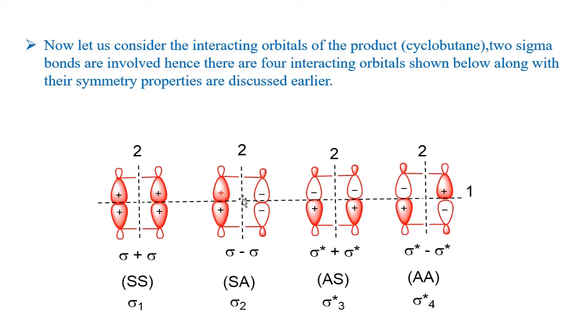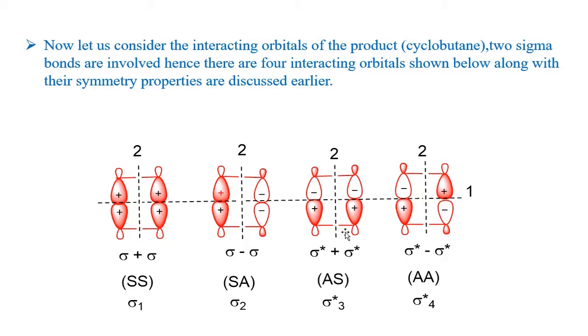And if you place a vertical plane here, you can see this half is not the mirror image of this half, it is minus minus, it is plus plus, so it is anti-symmetric with respect to vertical plane of symmetry. So the second letter is A, that is the symmetry properties with respect to vertical plane of symmetry.